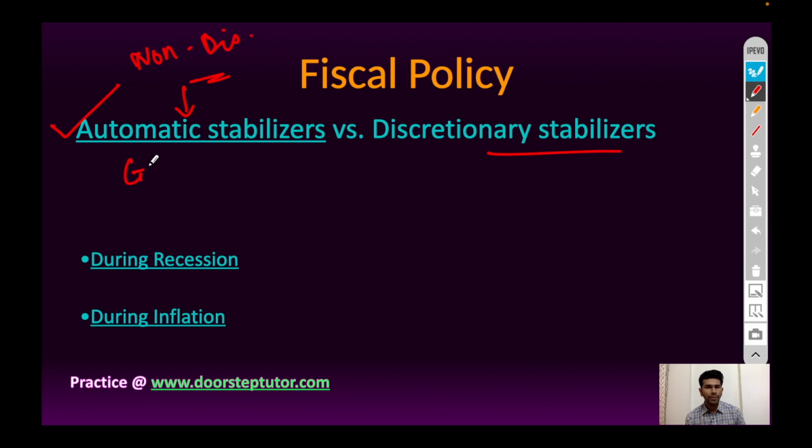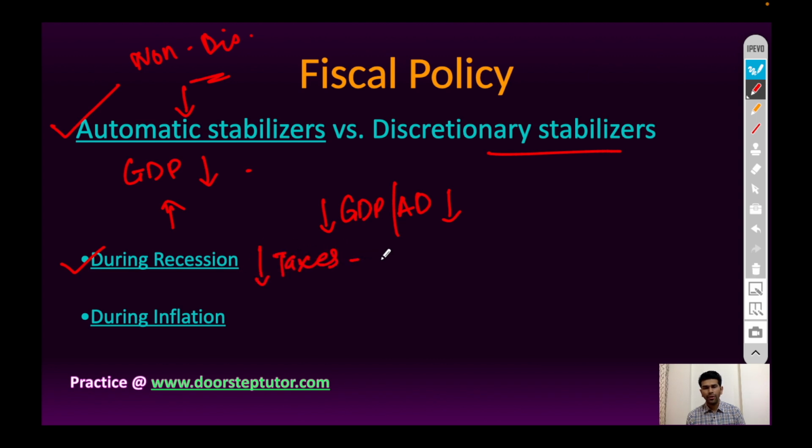If GDP is falling, it will stabilize automatically, and if GDP is increasing too much, it will control itself. During a recession, when GDP and aggregate demand are falling, the government reduces taxes so that disposable income will be more.